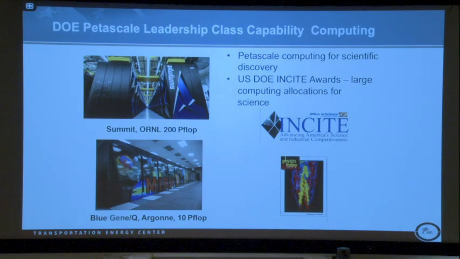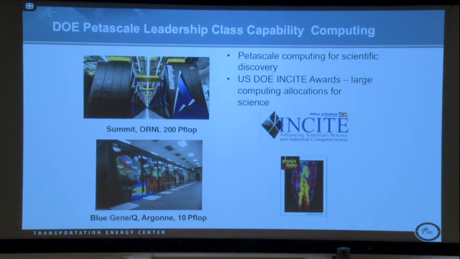The current machine deployed at Oak Ridge is called Summit. It's 200 petaflops. And then through an open competitive allocation process that DOE administers, users from academia, from labs and industry are able to apply for computing cycles. And that's done on an annual basis.